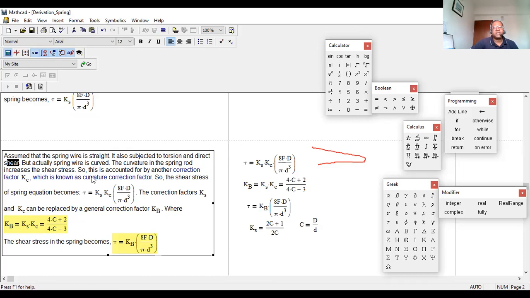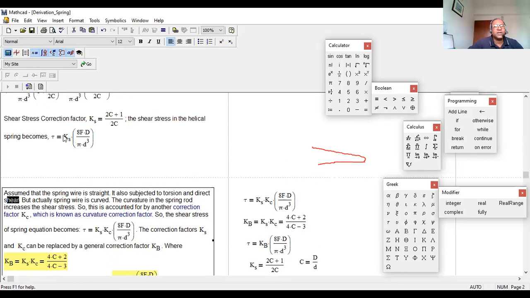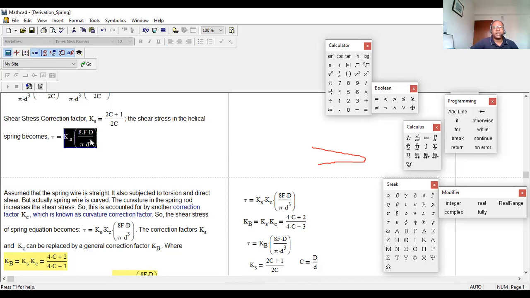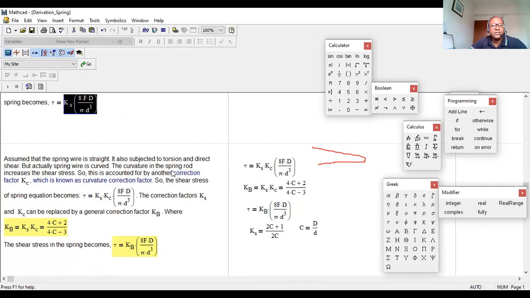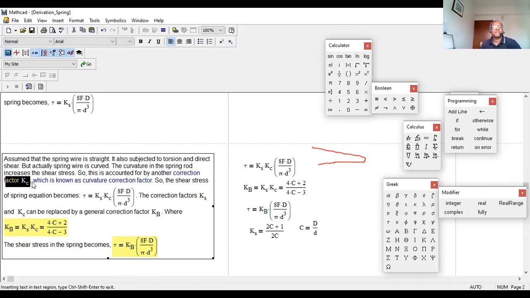So this is accounted for by another correction factor, Kc, which is known as the curvature correction factor. Our result was tau equal to Ks into this value. We cannot use this formula as it is, because it is for a straight bar, but our bar is curved.